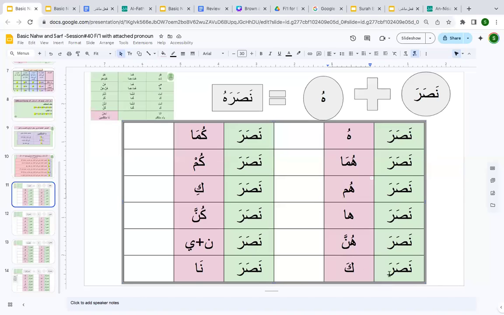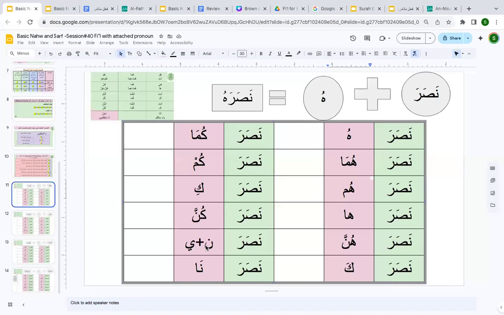Nasaraka, he helped you, masculine. Nasarakuma, he helped you both. Nasarakum, he helped you all, masculine. Nasaraki, he helped you, feminine. Ki, kuma, kum, kunna. So nasarakunna is he helped you all, females.